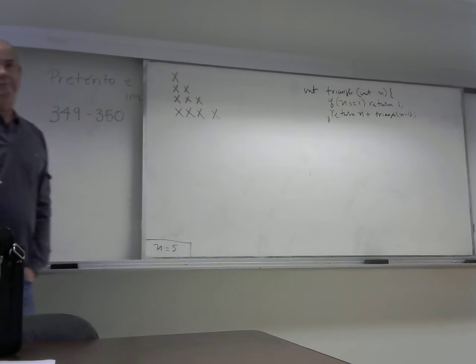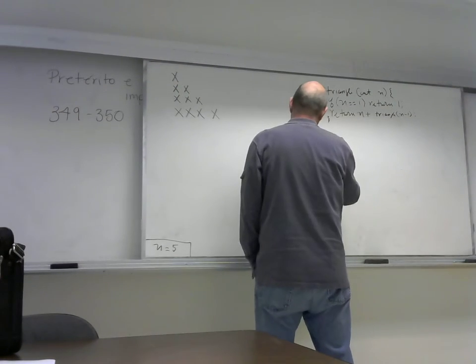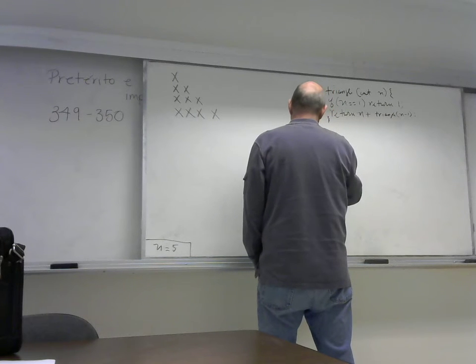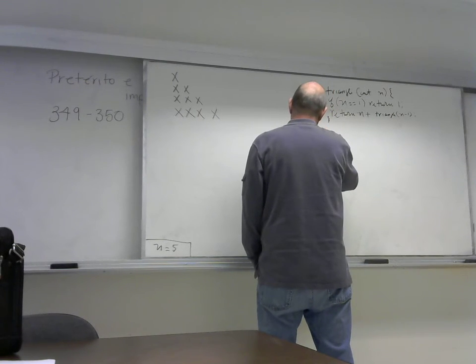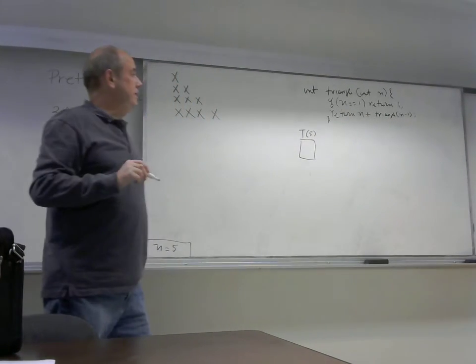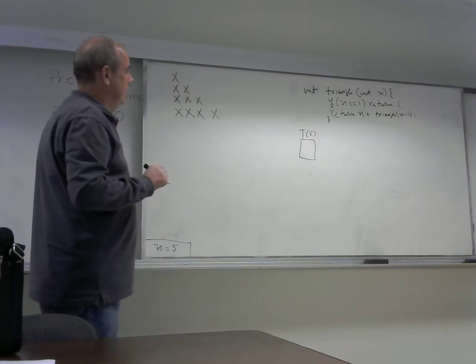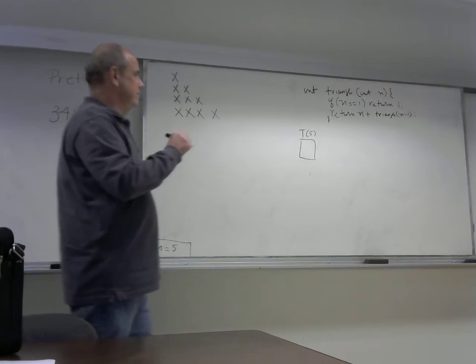All right, so I start this bad boy here. This is triangle of 5. So I enter the subroutine: is n 1? No. Then what do we do? Return n plus triangle of n minus 1.